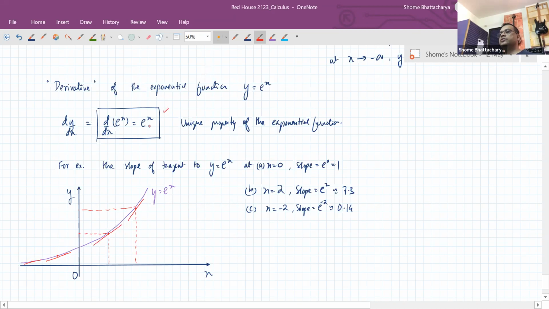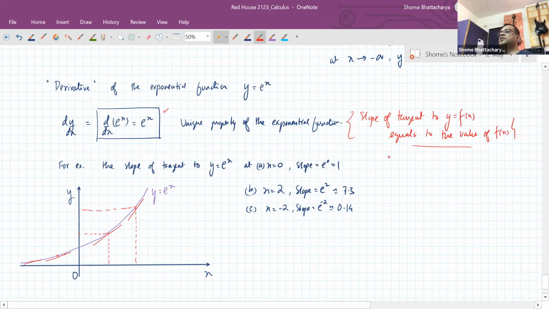So this is the unique feature that this function has in maths, that it's only one particular function which has this feature, that the slope is equal to the value of the function at any given point. Slope of tangent to y equal to f(x) equals the value of f(x).